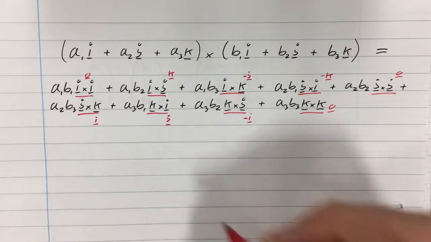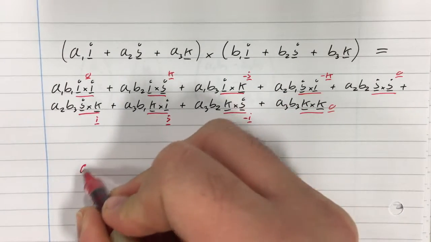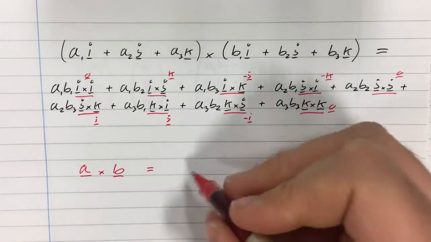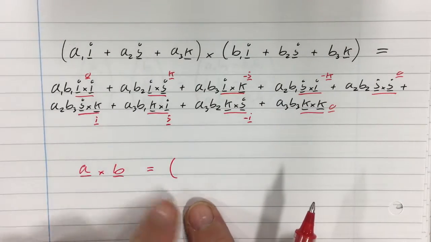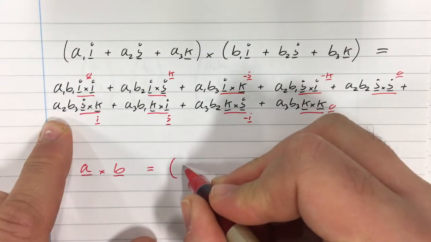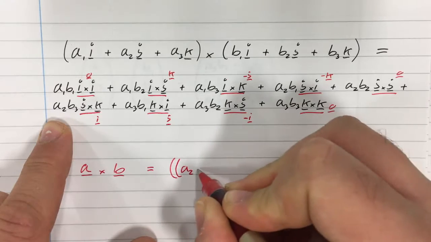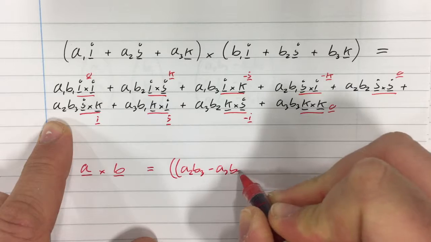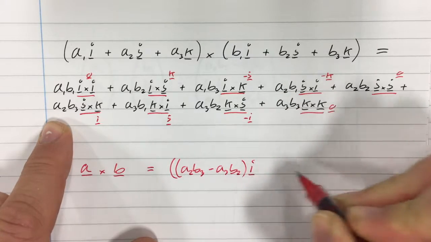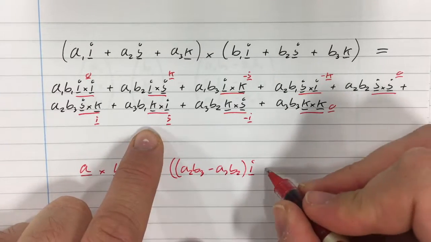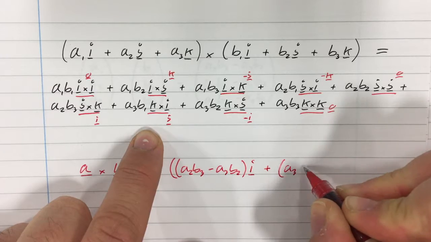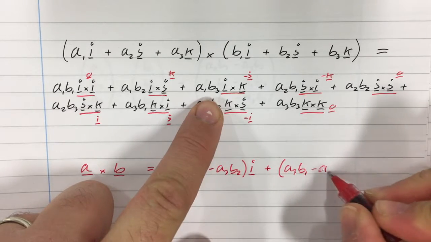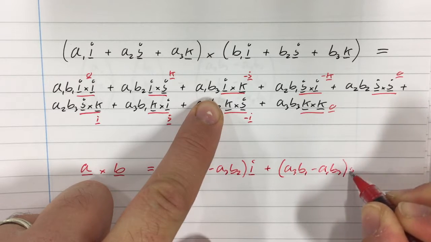So simplifying that, we can then say that A cross B is equal to, take the coefficient of I, we've got A2 B3 minus A3 B2 in the I direction. In the j direction, we've got A3 B1 minus A1 B3 in the j direction.